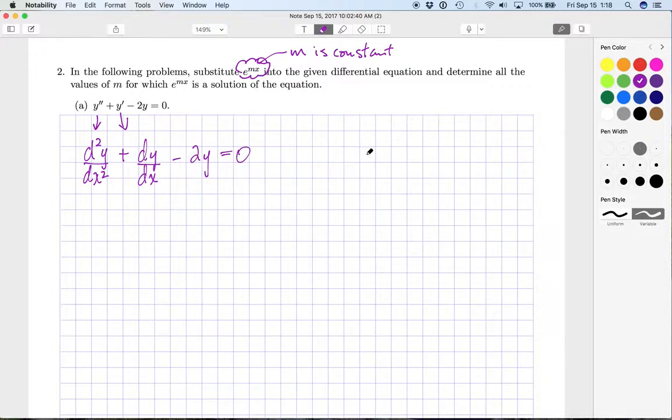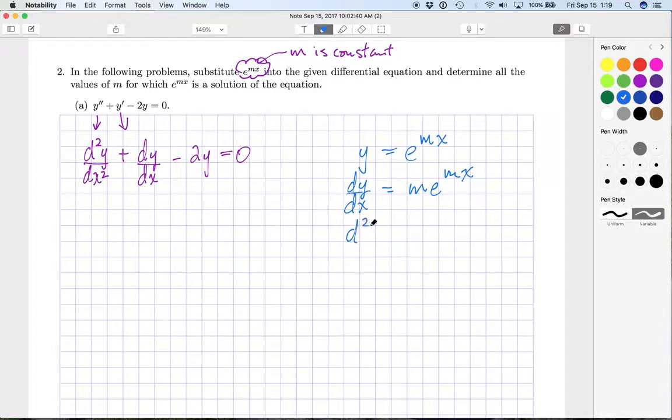So first and foremost, we'll say, okay, y is equal to e to the mx. We need the two derivatives. So the first derivative, dy by dx, is m e to the mx. And you would get that from first year calculus, where you're taking the derivative of an exponential function. It's e to the mx again, but then you must differentiate the exponent. So mx differentiates to give m.